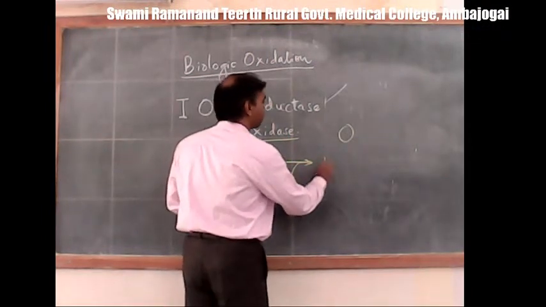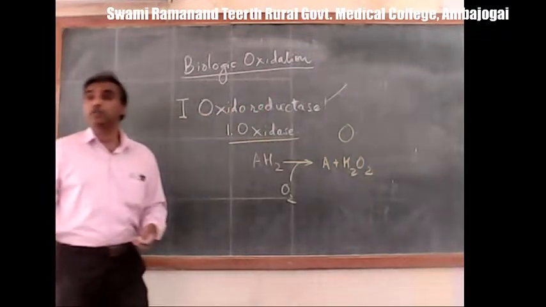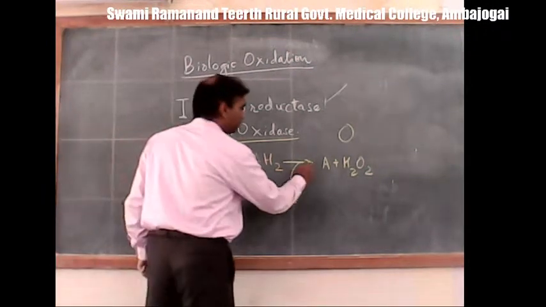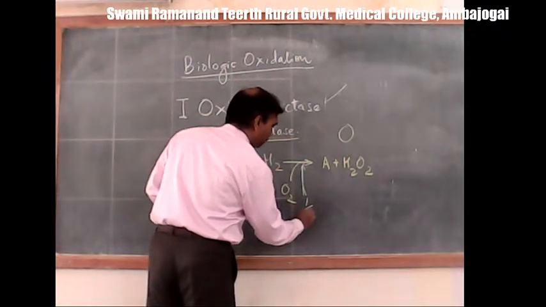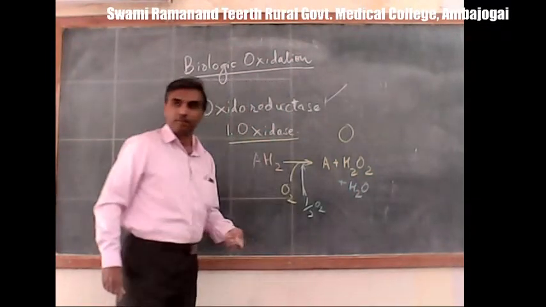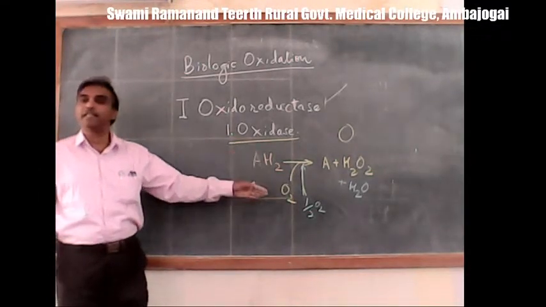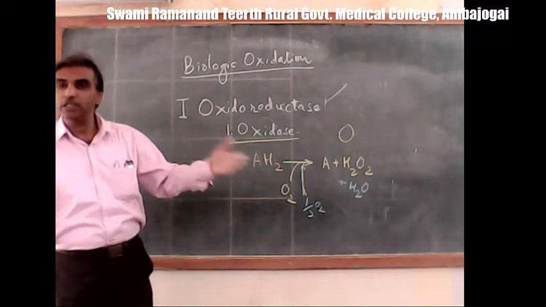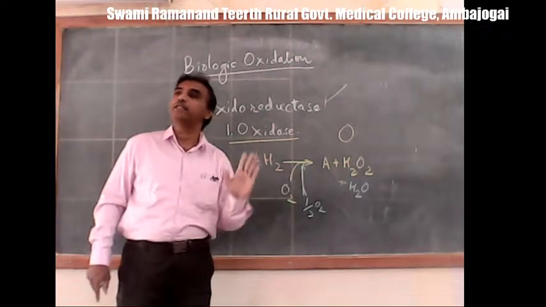The product is hydrogen peroxide if oxygen is used, or water. So this is the role of the oxidase enzyme. It uses oxygen as hydrogen acceptor. That's why hydrogen peroxide or water is synthesized.